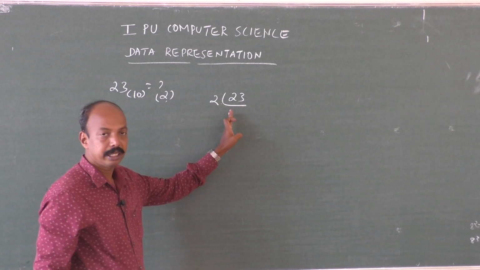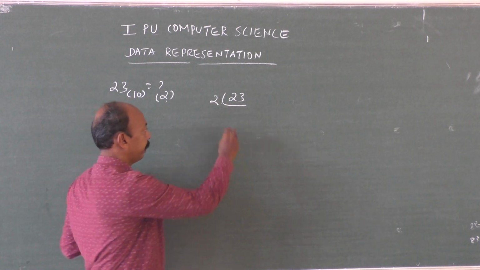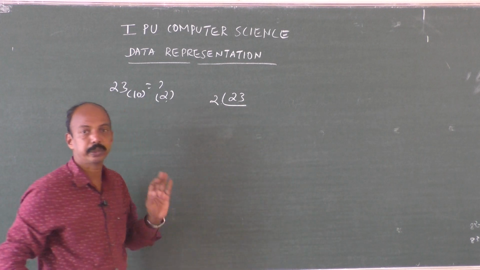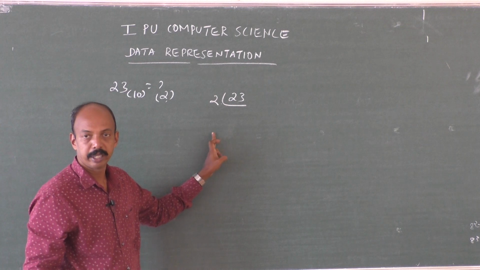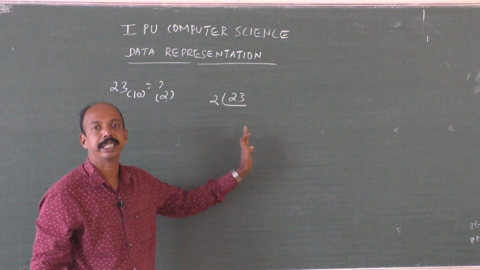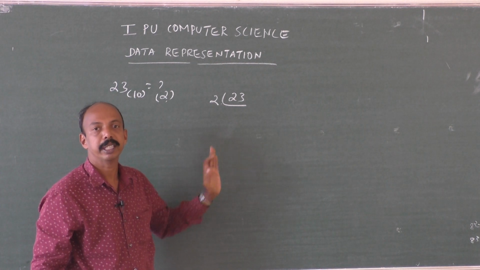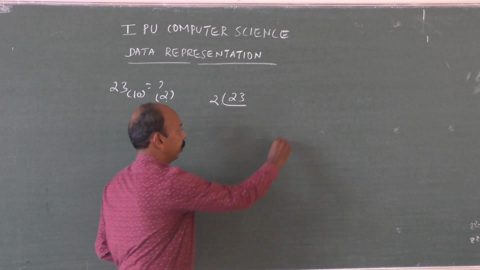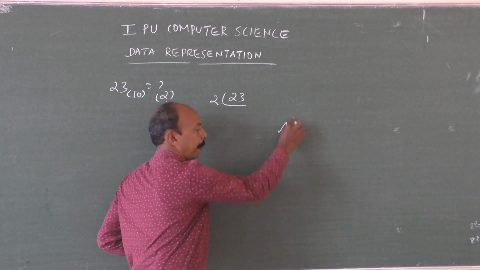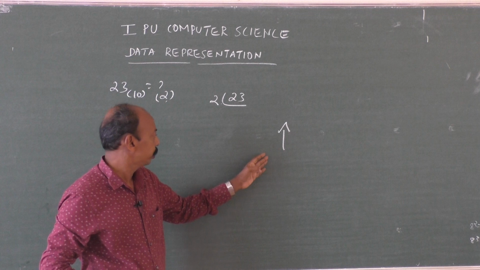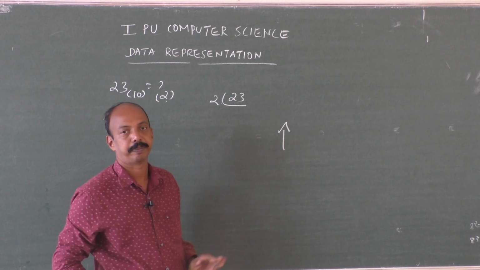We had written the quotient and the remainder. Again we have divided the quotient with respect to 2. Once again note the quotient and the remainder. Keep on dividing the quotient till the quotient becomes 0. Then from bottom up, whatever remainders we got, write those remainders in this order.